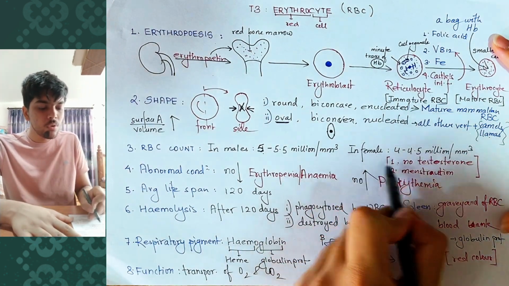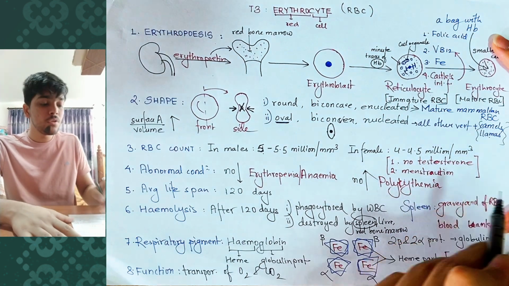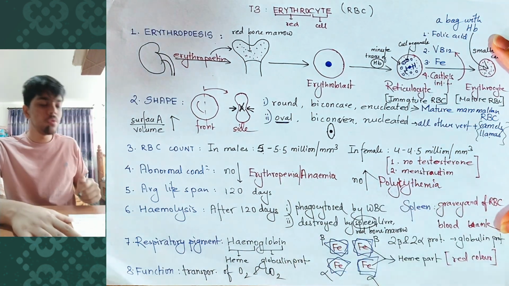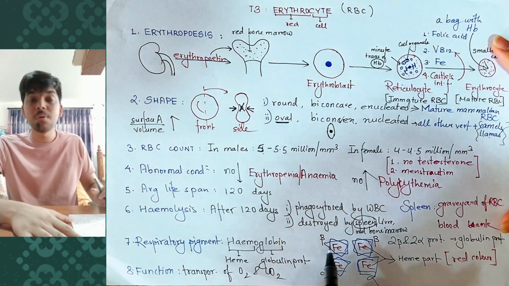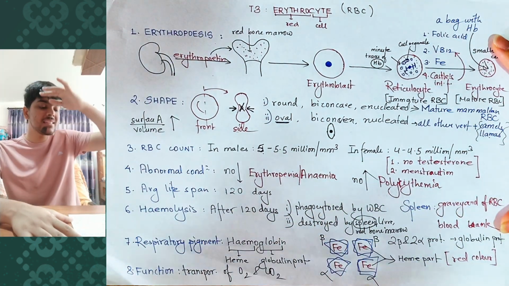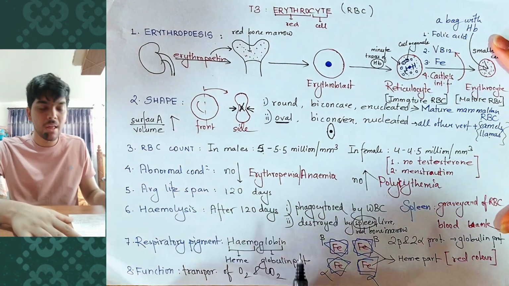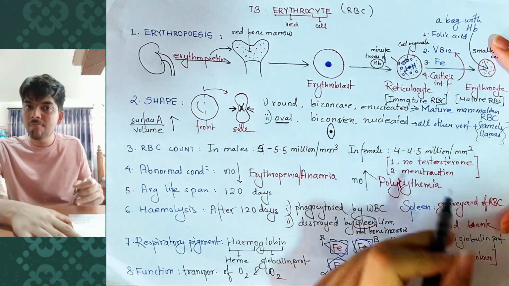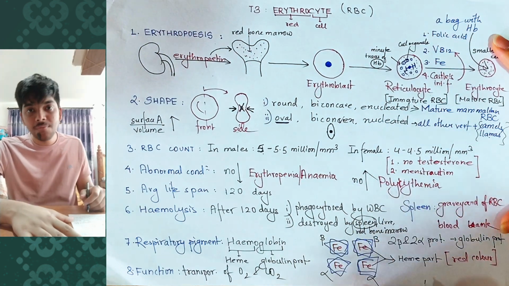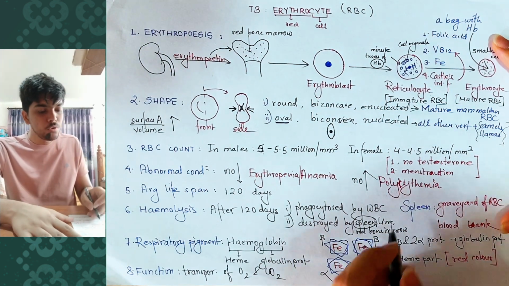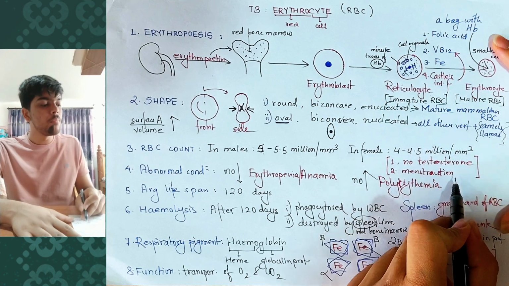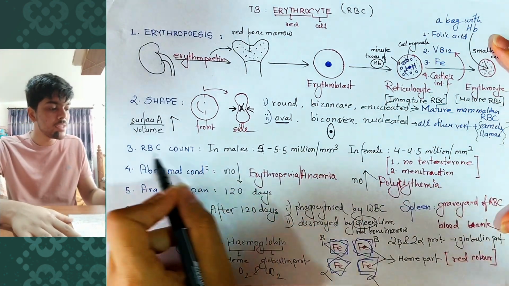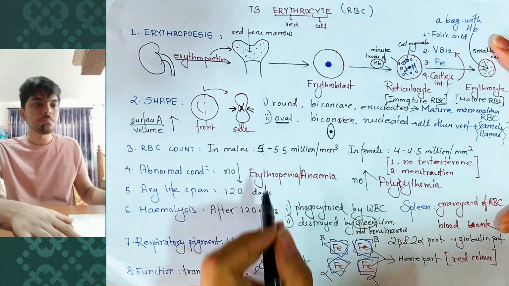Since females don't have testosterone, erythropoiesis takes place, but at a lesser amount as compared to males. That is why females have red blood cells at a lesser number than males. And number two, females go through the menstrual cycle every month where there is a heavy loss of blood, and due to menstruation, the number of RBC found inside females is much less than the number of RBC found inside males.